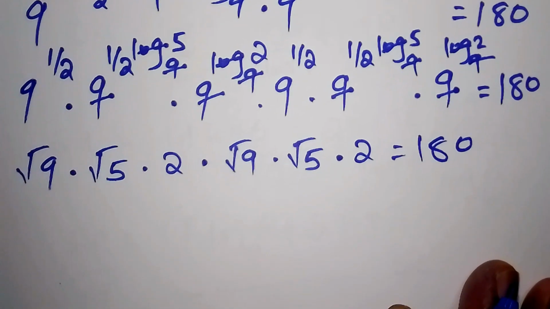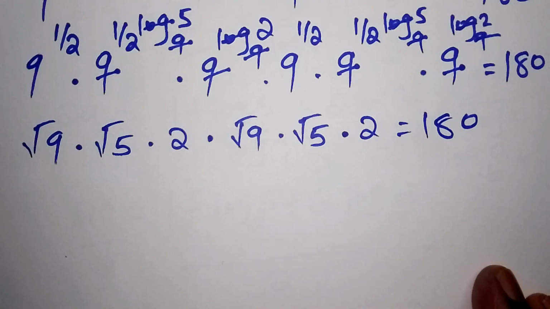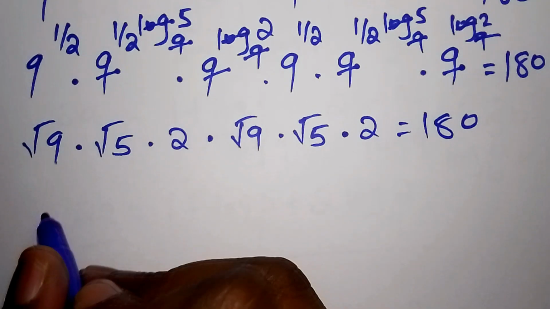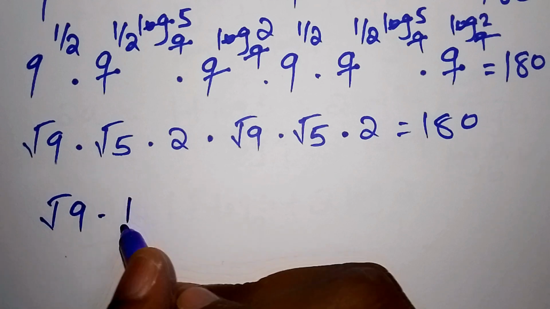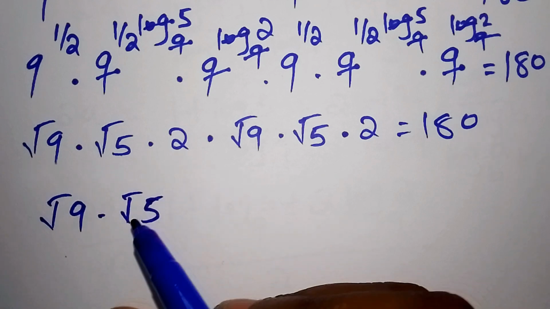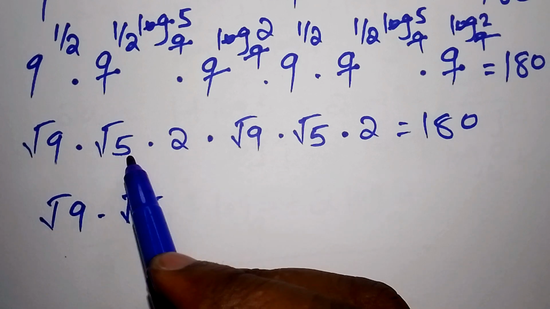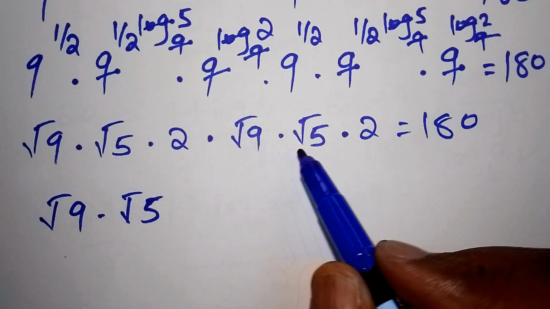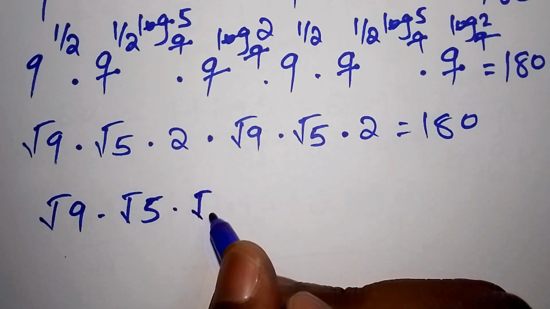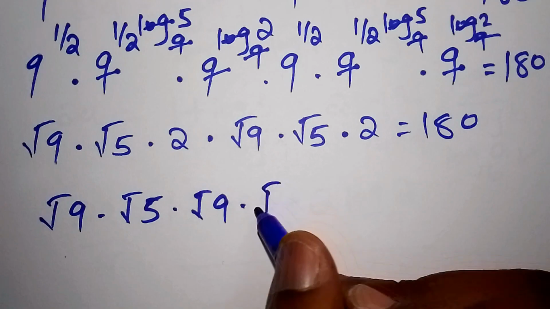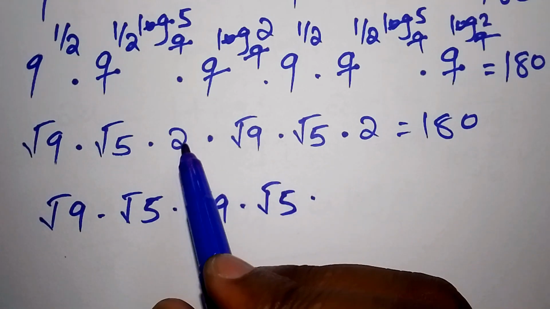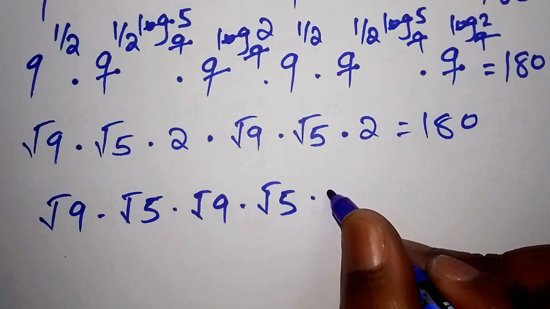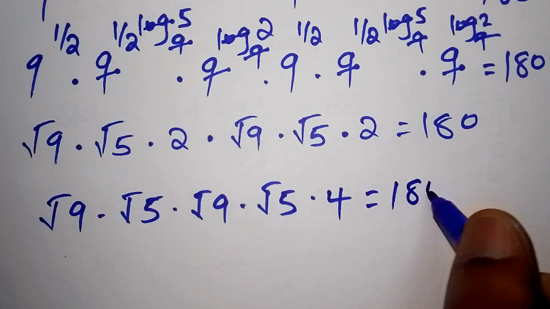Next we shall collect all the roots. So we have the root of 9 multiplied by the root of 5, root 9 multiplied by root 5, then 2 multiplied by 2 is just 4, is equal to 180.